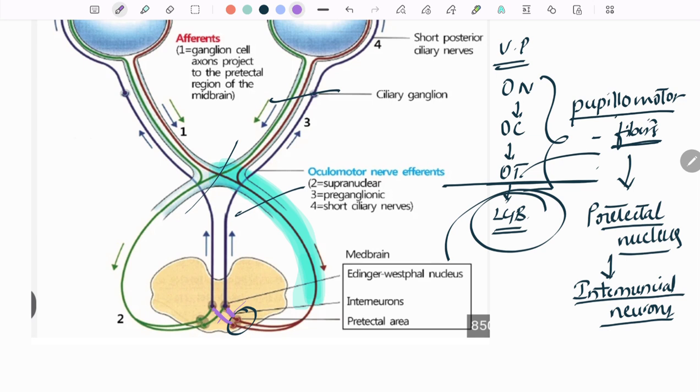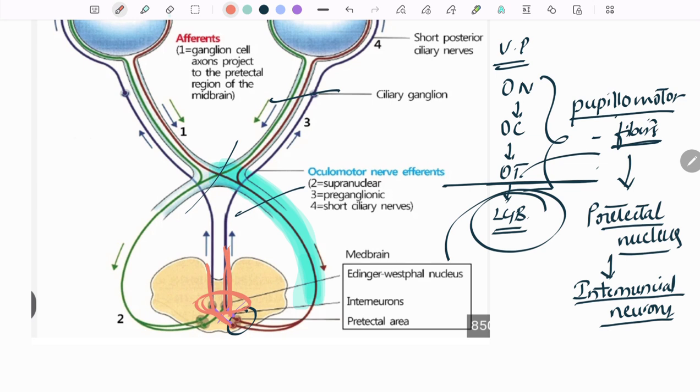Why are there two internuncial neurons? These two internuncial neurons will reach the Edinger Westphal nucleus. This is the Edinger Westphal nucleus. They not only stimulate the Edinger Westphal nucleus of the same side, they also stimulate the Edinger Westphal nucleus of the opposite side.